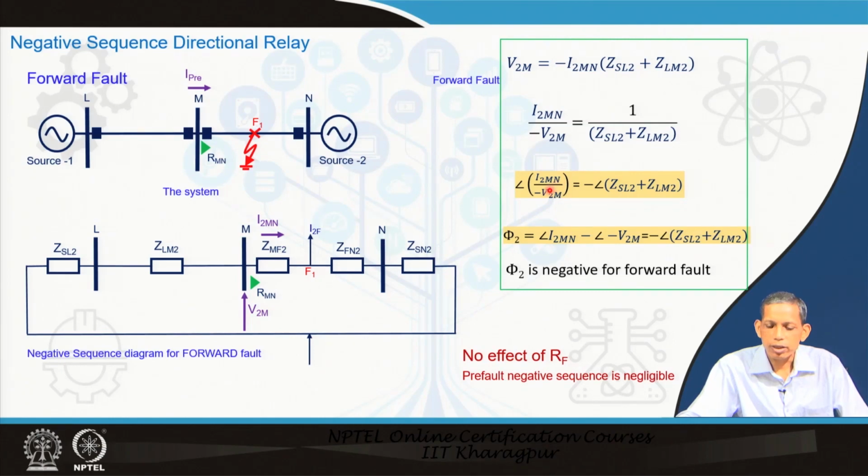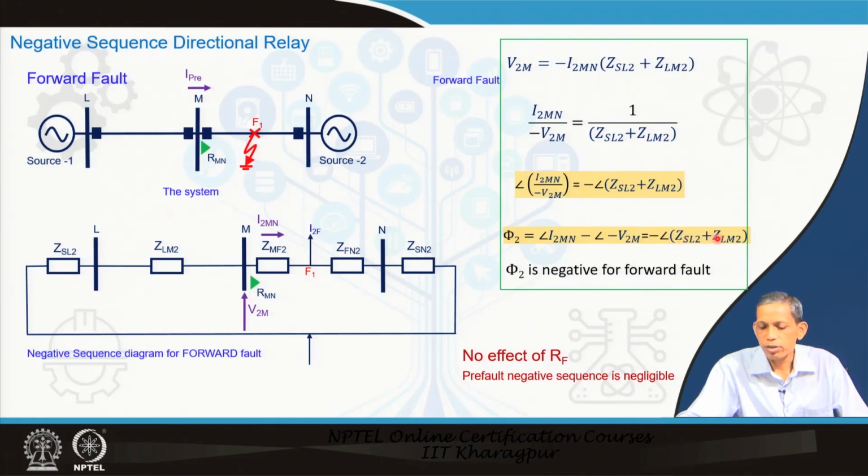So, we say that if we designate this angle to be phi 2 for negative sequence, angle of I2mn, relay current, negative sequence relay current, minus angle of minus of the relay voltage V2m, that equals to negation of the angle of the impedance behind the relay.